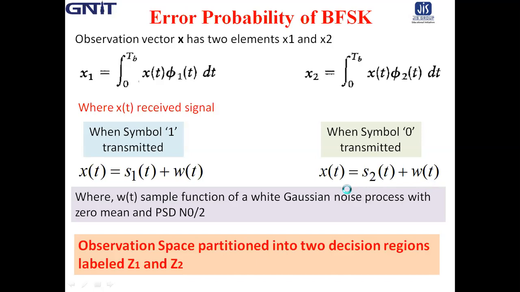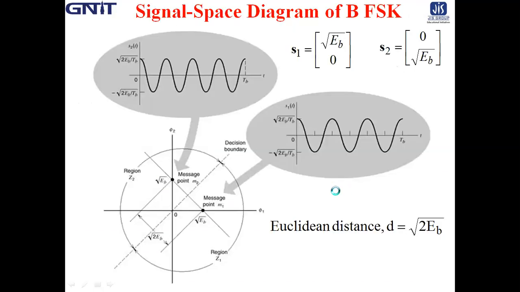Now we apply the decision rule, the same decision rule which was applicable for BPSK and QPSK also. We find the observation space. See the earlier signal space diagram. First you have to find the decision boundary. Where is the decision boundary, and where are the observation space or decision regions, Z1 and Z2?